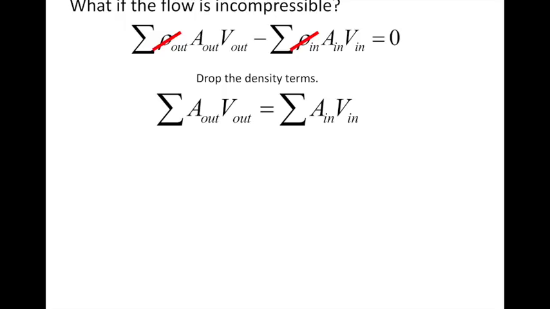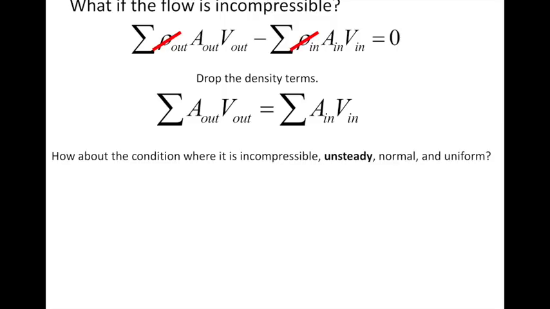So bottom line, though, is if we can consider the density to be constant throughout our system, we are able to get rid of our density terms. So we drop the density and we end up with this nice simple relationship. Again, this particular equation would be based on the assumptions that it's incompressible and normal to the control surface and uniform across the control surface, and steady, right?